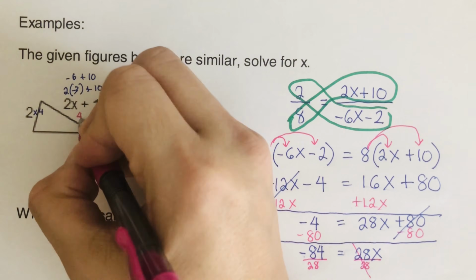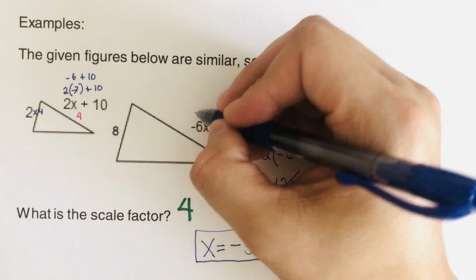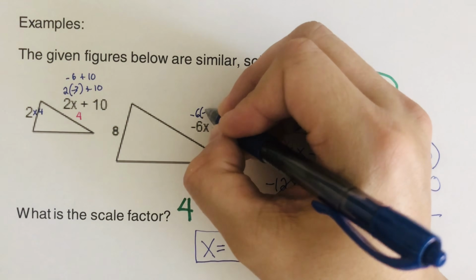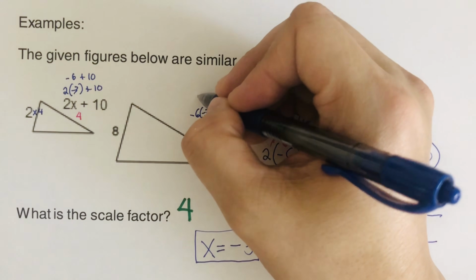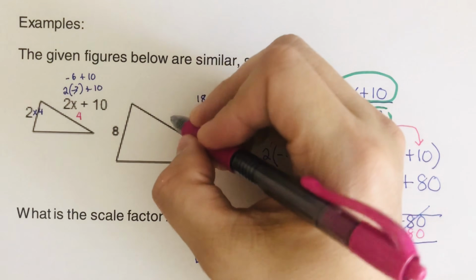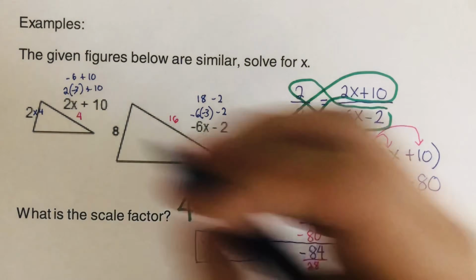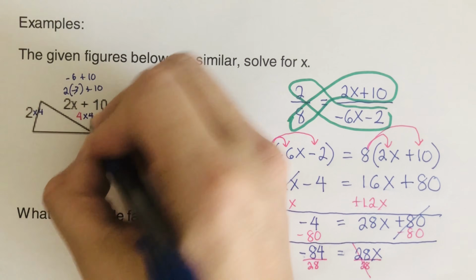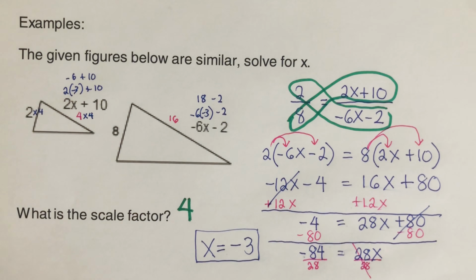So this side is 4. And then let's look at the other side right here. That would be negative 6 times negative 3 minus 2. So this is positive 18 minus 2 is 16. Now, if we multiply this by 4, which is our scale factor, do we get 16 over here? Yes. And so our x is negative 3.